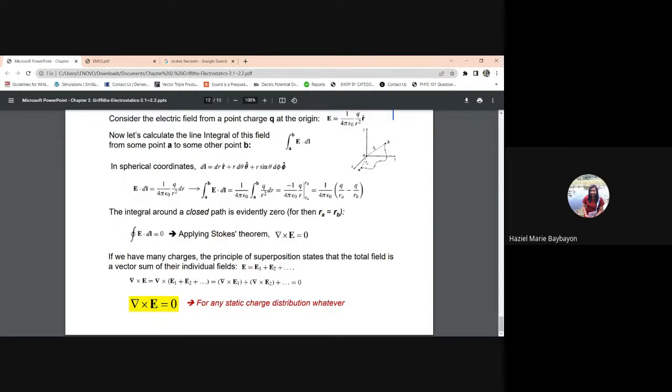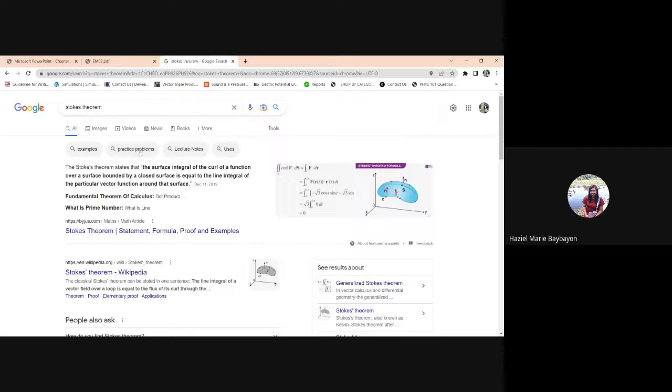Now, Stokes' theorem, if you can recall, can you see this? Okay, so Stokes' theorem says that the closed integral of F dot dr, or F dot dl, or V dot dl that we used in the previous discussion, is equal to the surface integral of the curl of the vector dot dS.